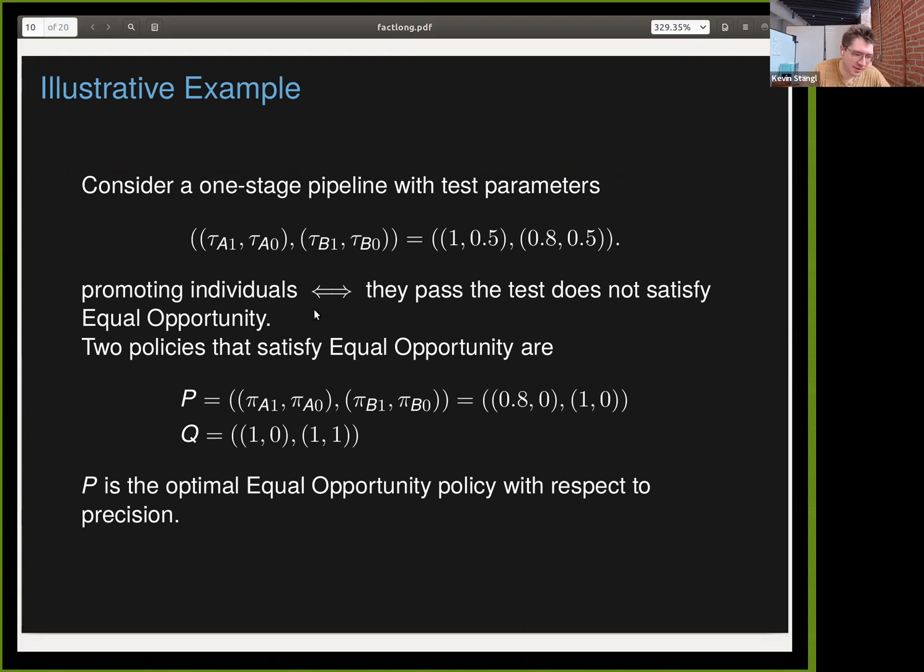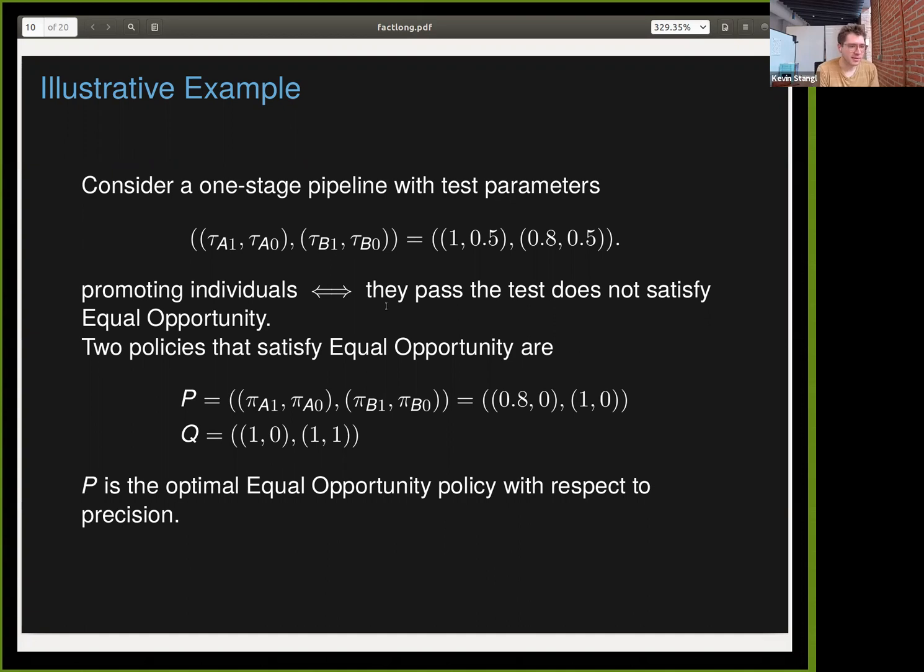If we go down to the middle of the page, here are two policies that do satisfy equal opportunity. One of them is Q, the vacuous policy where for group B you just promote everyone. So 100% of true positives get to the end of the pipeline for both groups, but that's obviously going to have a large cost in precision.